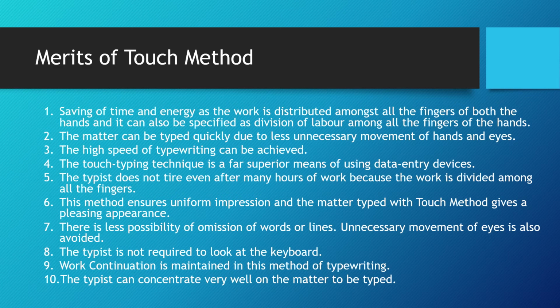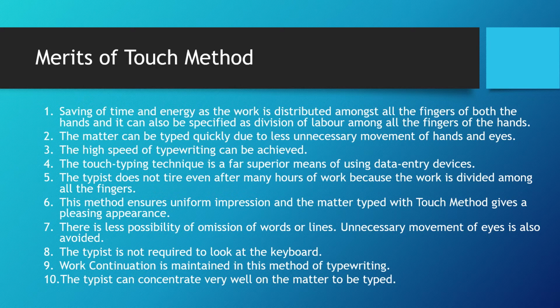Now next is merits of touch method. The first advantage of this method is saving time and energy, as the work is distributed amongst all the fingers of both hands. Because of that, energy is saved, and it can also be specified as division of labor among all the fingers. The matter can be typed quickly due to less unnecessary movement of hands and eyes.